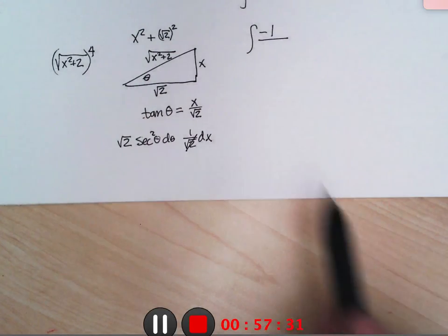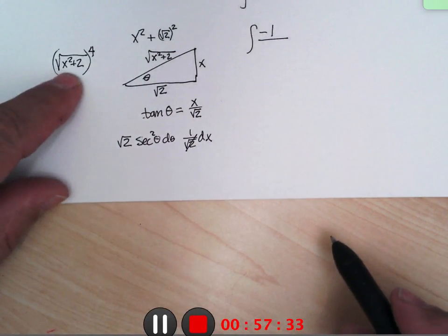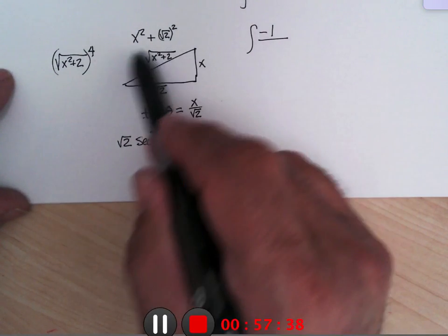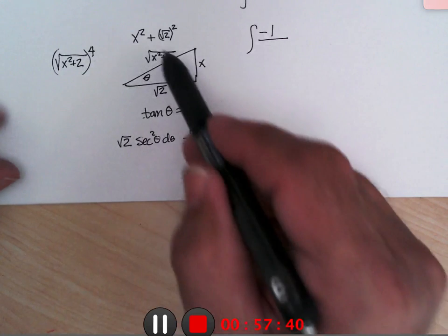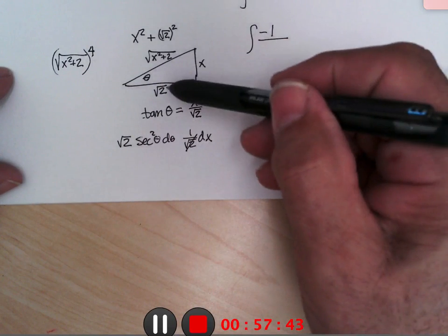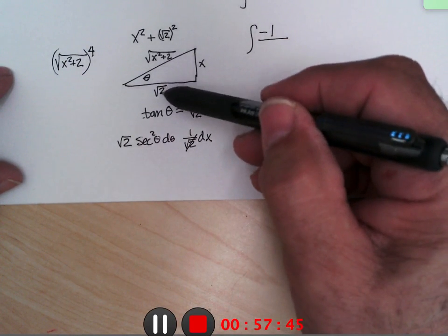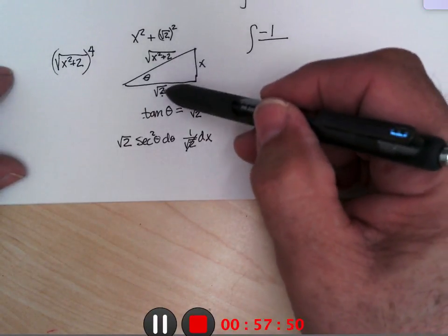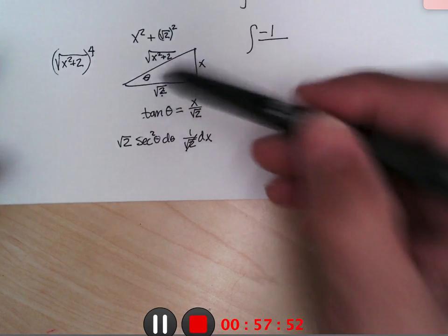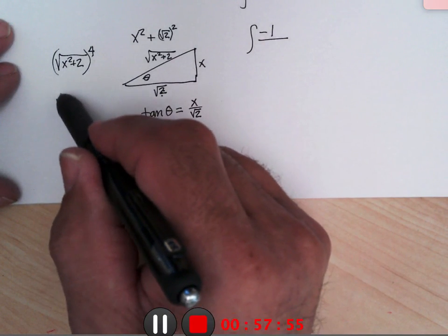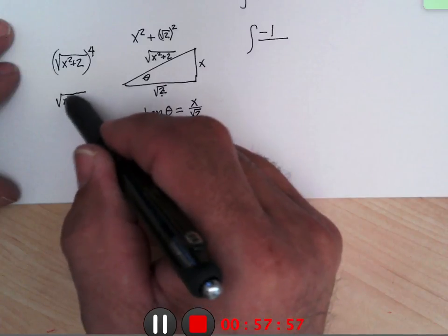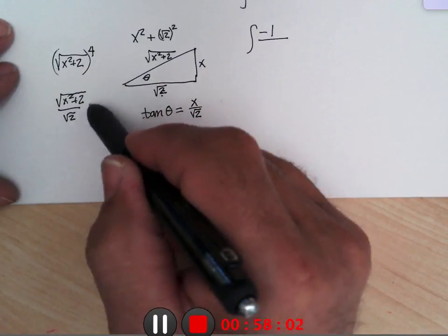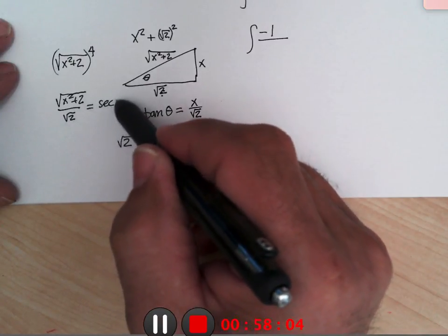So I need to have an expression for that. And that would be, if I do this over that, that's a hypotenuse over adjacent, that's the secant. So the square root of x squared plus 2 over the square root of 2 is the secant of theta.